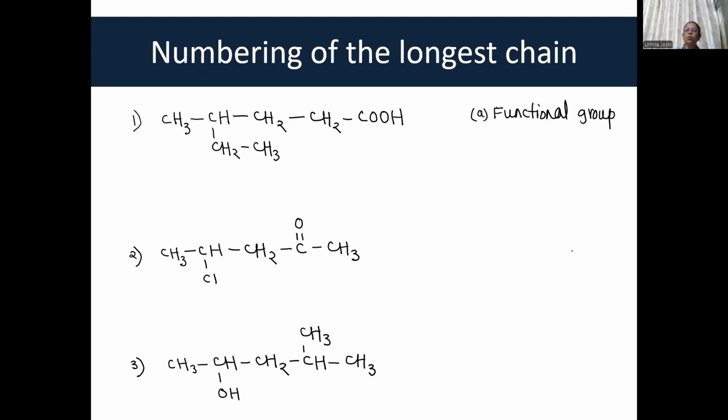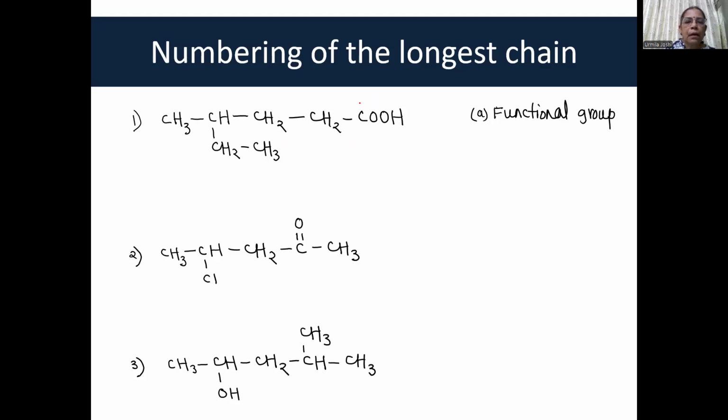Okay, now let us see this. The major functional group in the first example is carboxylic acid. So, you have to identify next the longest chain which incorporates the major functional group. Okay, so look at this.